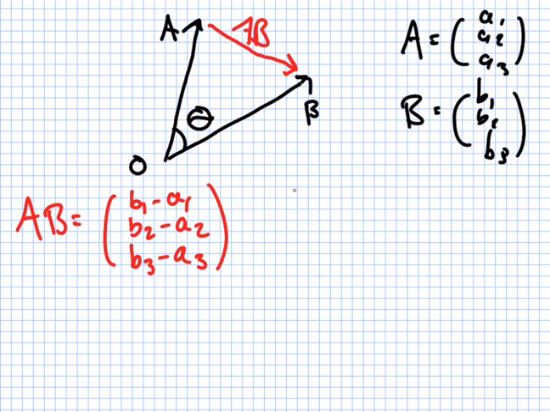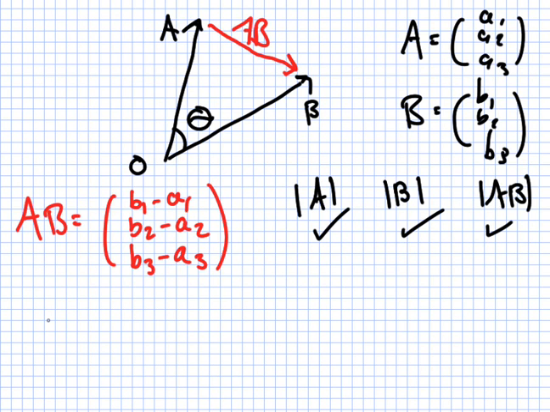Now this is important because if we know the A, the B and the AB, that means we could know what the magnitude of A is, the magnitude of B is, and the magnitude of AB. These are all things we can know because we know A and B.